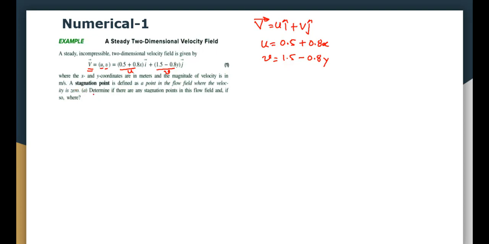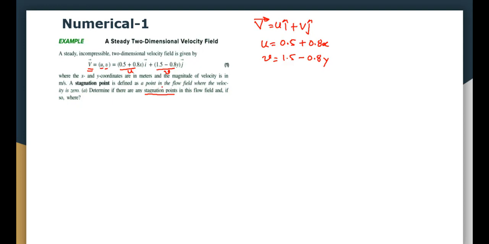So now again, what is the question? Determine if there is any stagnation point in this flow field, and if so, where? First we have to find out whether there is a stagnation point or not. So what is a stagnation point? That is itself written in the question. The stagnation point is defined as a point in the flow field where the velocity is 0.